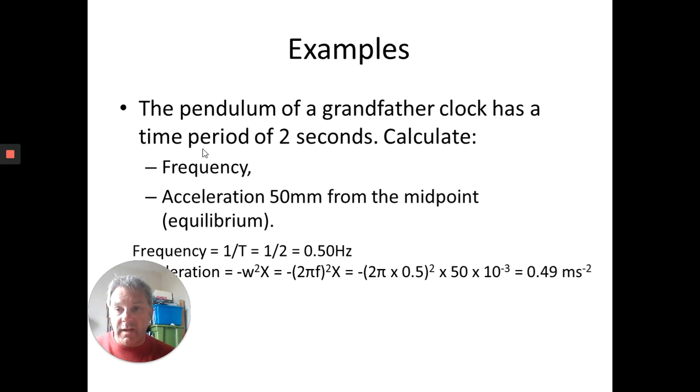It's asking at a certain distance. So we stick in the formula. Because we've got a frequency, we can put in 2 pi f for our omega. We stick our numbers in. Remember, we've got to use SI units, so your 50 millimeters has to be in meters, so it's 50 times 10 to the minus 3. And we get an acceleration of 0.49 meters per second squared.